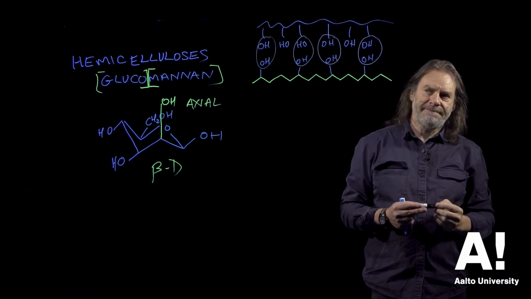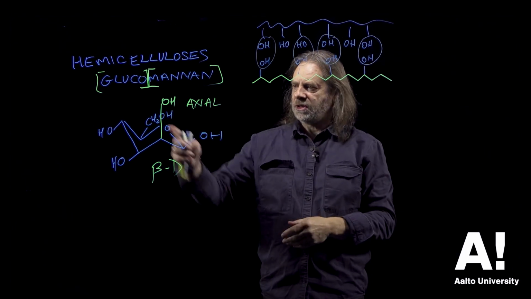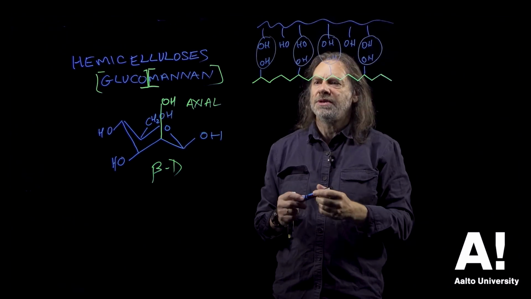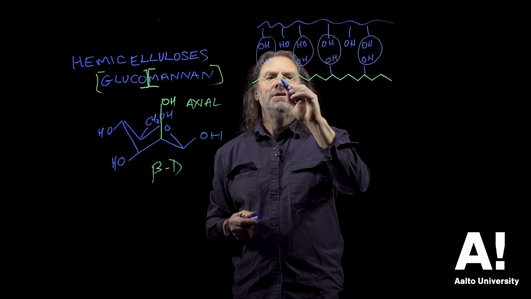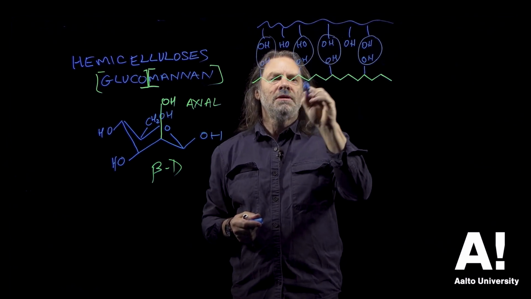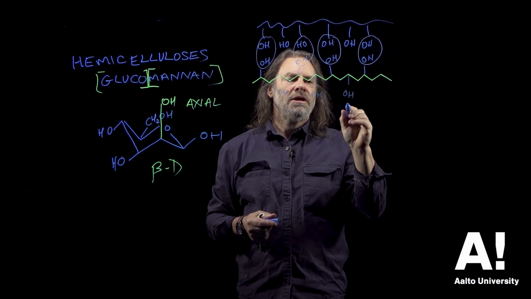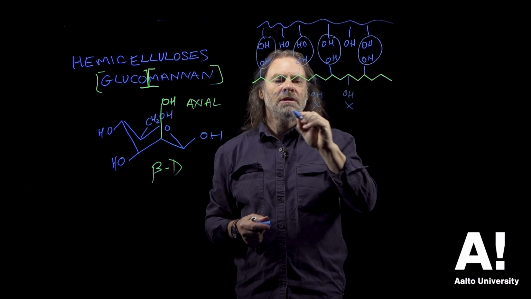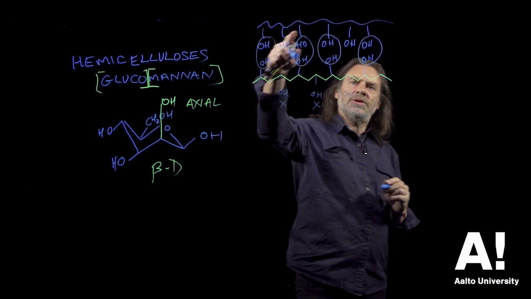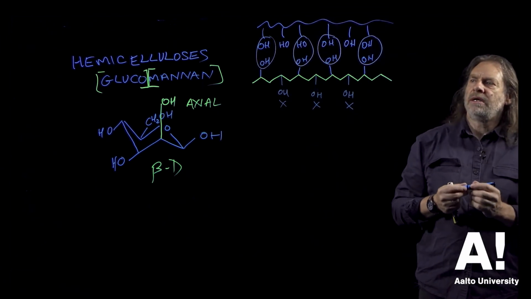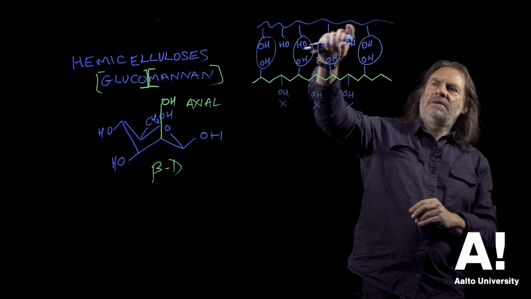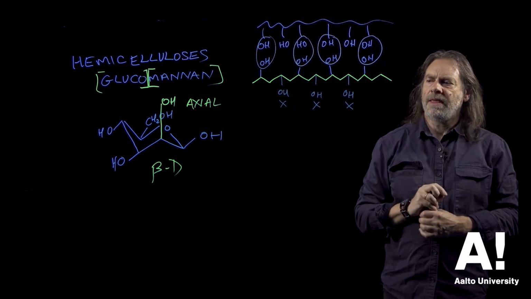But we also have hydroxyls that are not in the same position as they are on the cellulose. So these ones are not able to hydrogen bond with their brethren on the cellulose chain.